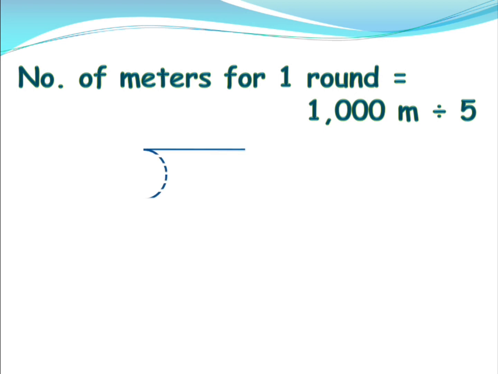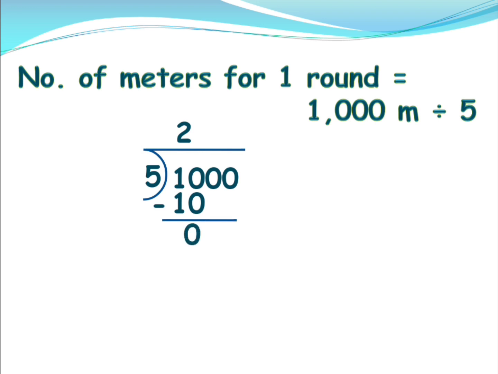1000 meters divided by 5 rounds. Okay, so we need to do the division. 5 is the divisor, 1000 is the dividend. Now the first digit is 1, which is less than 5. Then you need to take 2 digits, that becomes 10. Now you have 10 in the 5 table. 5 2s are 10. Now you need to do the subtraction. 10 minus 10 will be equal to 0. Now you have to bring down the 0. 5 zeros are 0.